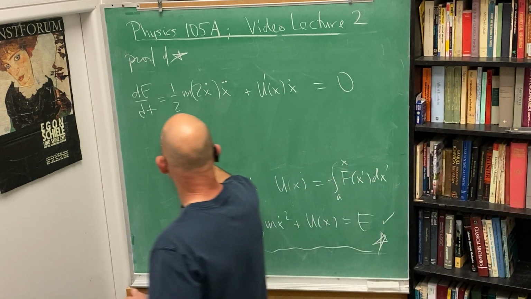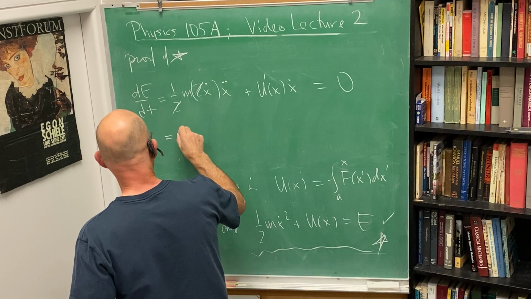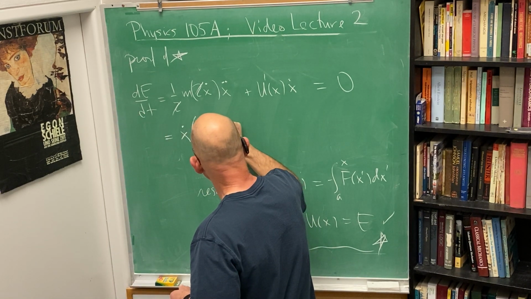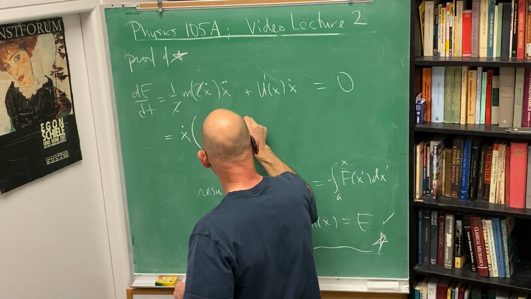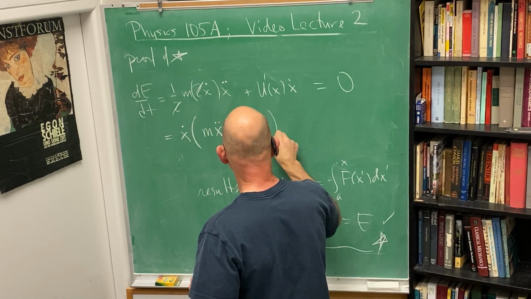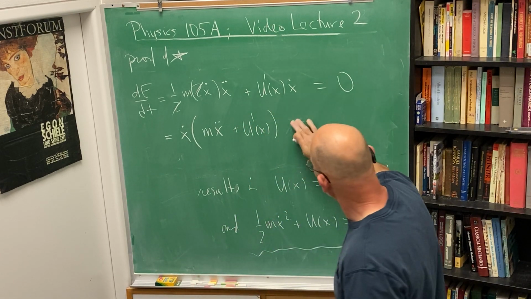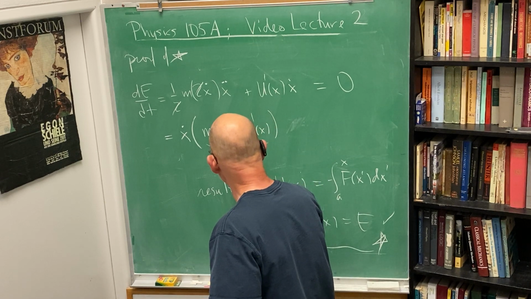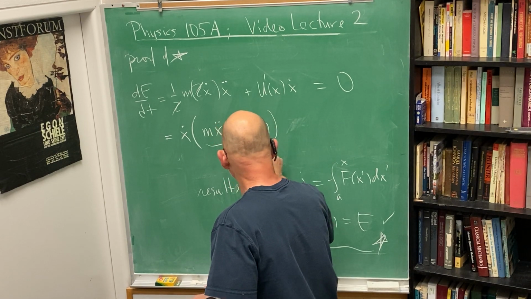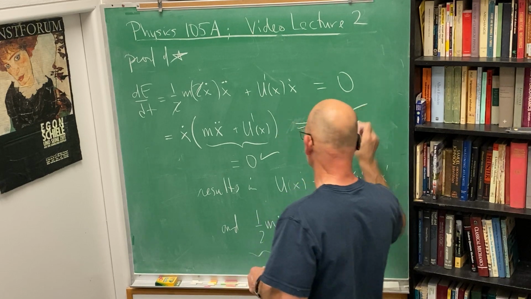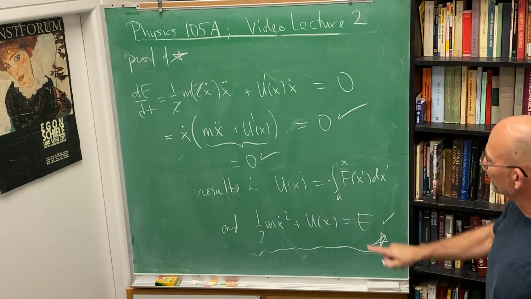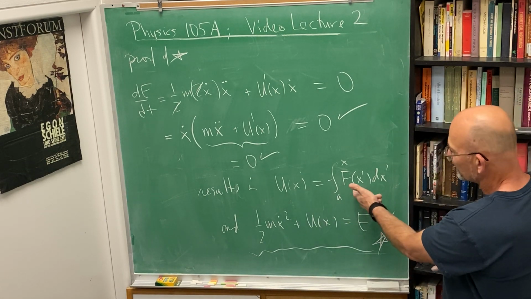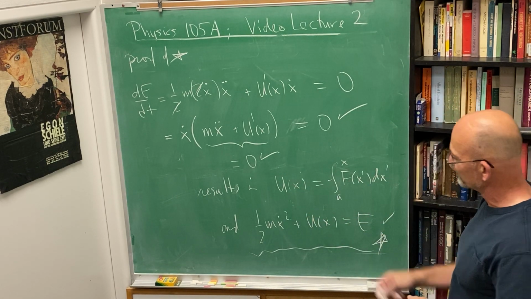So the 2's cancel, I have an x dot as a common factor, and I have m x second derivative plus U prime of x. Well, this is Newton's law. Therefore, that's equal to 0. So that's the proof that if you have a force that's only a function of position, then you define a potential energy, you get conservation of energy.